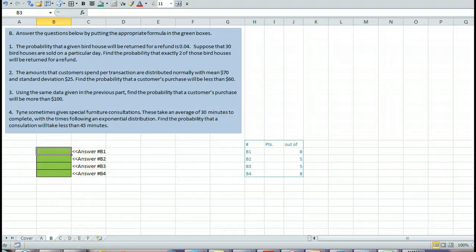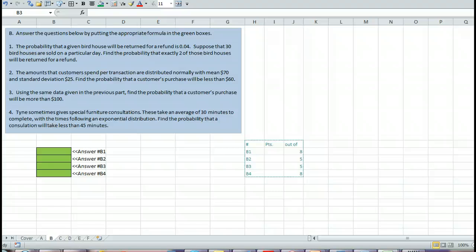Problem B, then, is actually 4 separate problems. You'll read through each one, but problem B1 is a situation where you're going to have 2 possible outcomes. In this example, either a birdhouse is going to be returned for a refund or it isn't. When you look through chapter 2, all 4 of these problems come out of chapter 2.